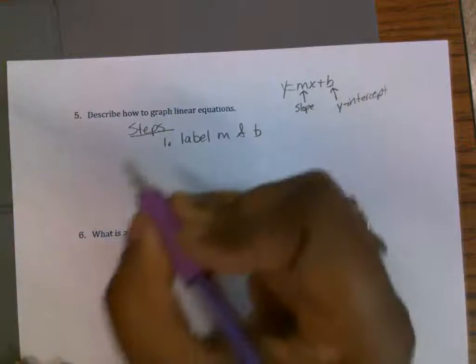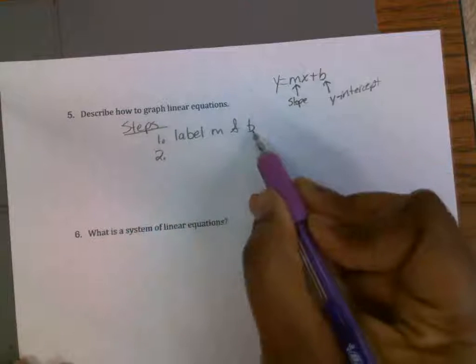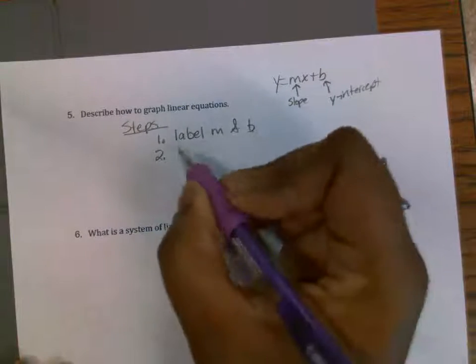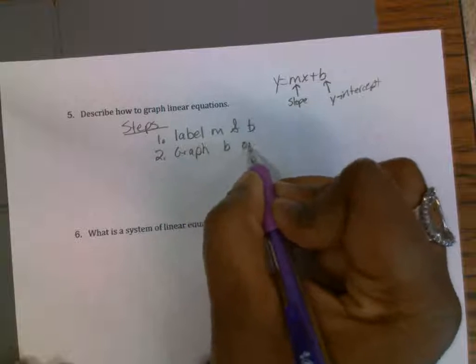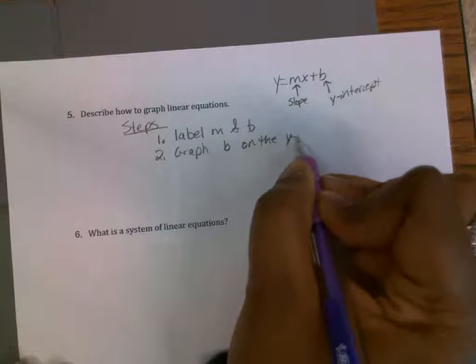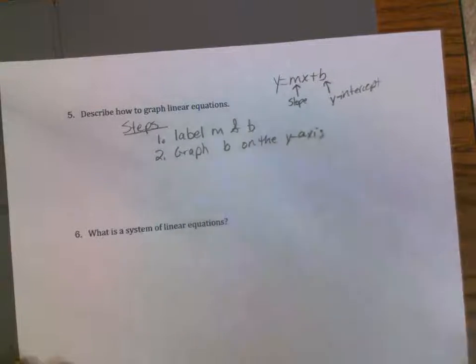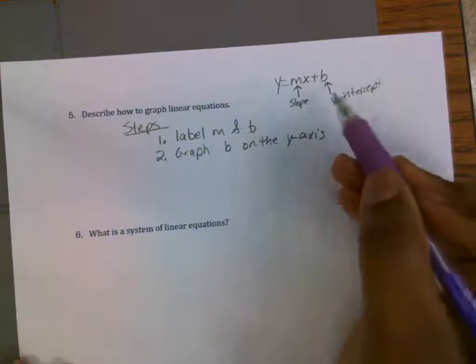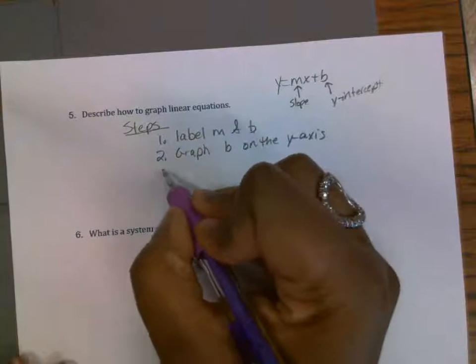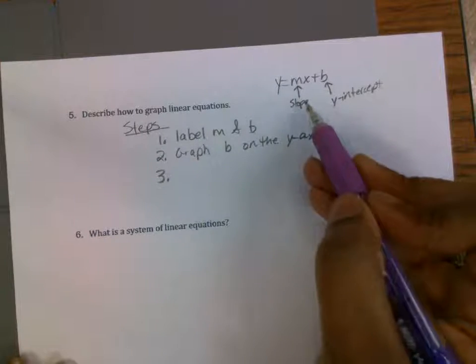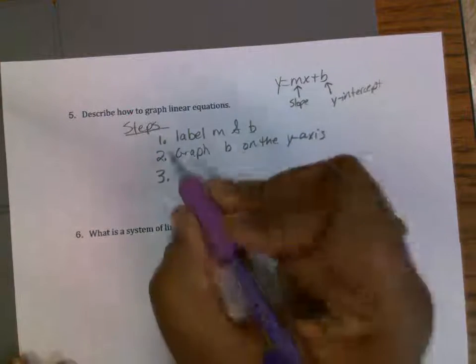Okay, then number two, you're going to graph b on the y-axis. So if b is 7, you're going to find 7 on the y-axis. And then you're going to use the slope to put other points on the line.